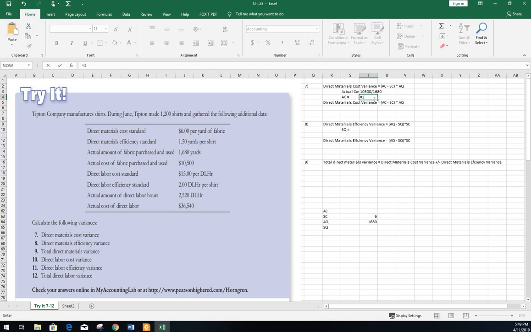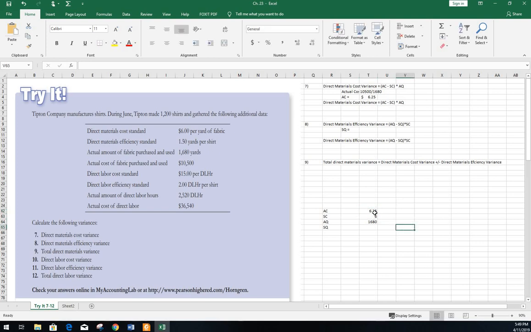Equals 10,500 divided by 1680, and hit enter, and right away we get $6.25. So that $6.25 will go here into the actual cost, 6.25.